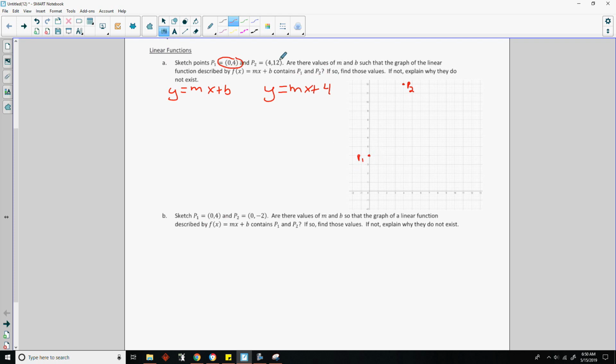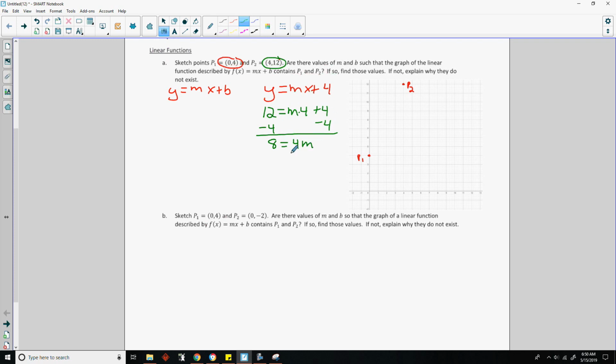But now we also have the graph that contains the point (4, 12). So if I take my equation with my b, and I know that y is 12, I don't know my slope, and I know my x is 4, right? 4 is x, y is 12, plus my b, then I can find m by subtracting 4. 12 minus 4 is 8, equals m times 4, or 4m.